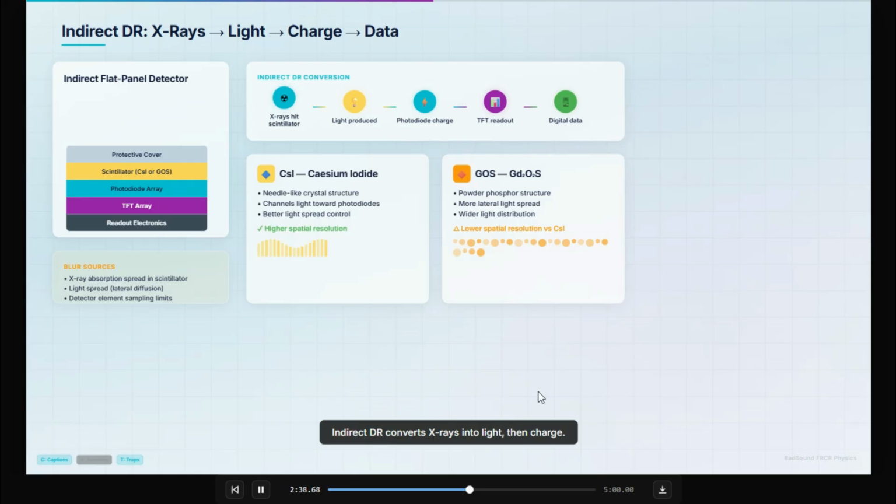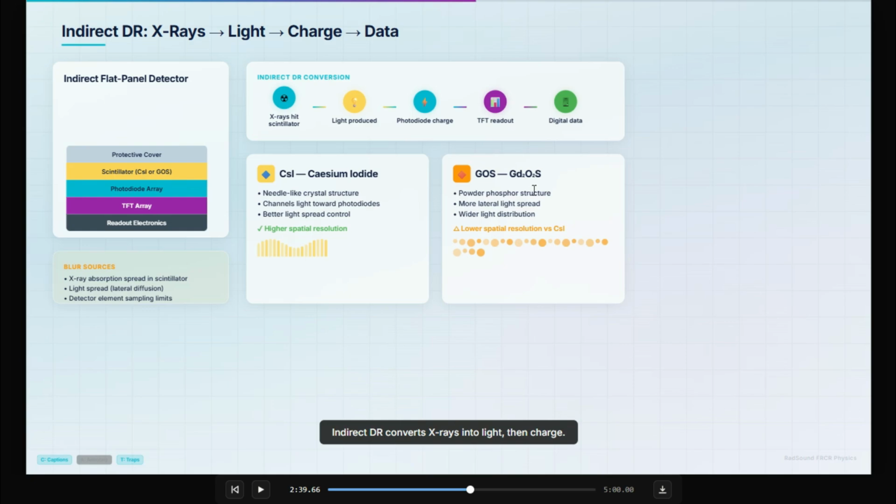Now the structure. What is the main structure of cesium iodide? As I mentioned, cesium iodide is mostly needle-like, something like this, a needle-like structure channeling the light toward the photodiode. Then the photodiode converts that light into charges, and the charges are taken by the TFT to be read out to form the image.